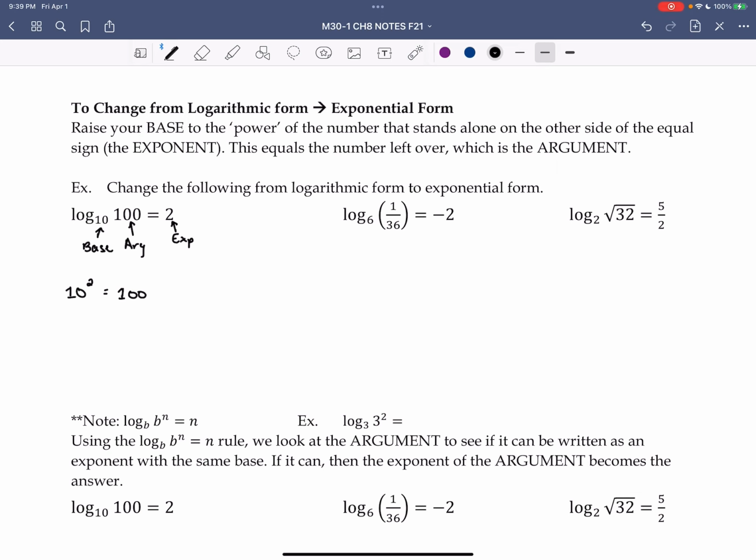Log base 6 of 1 over 36 equals negative 2. That's our exponent. And 1 over 36 is our argument. Then in exponential form, we write the base 6 to the power of the exponent negative 2 equals the argument 1 over 36.